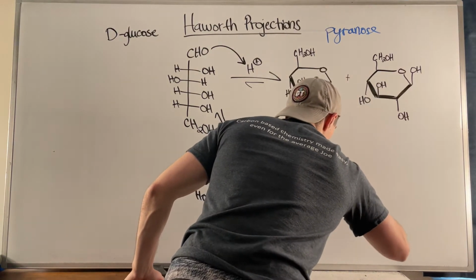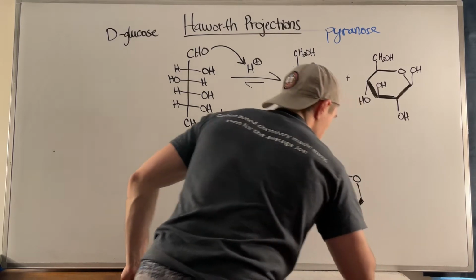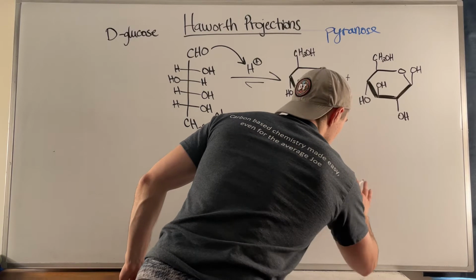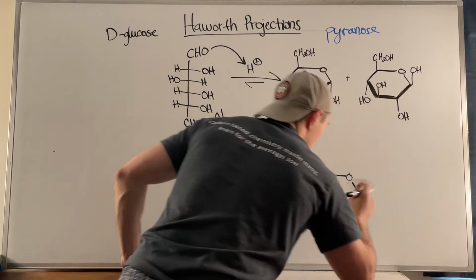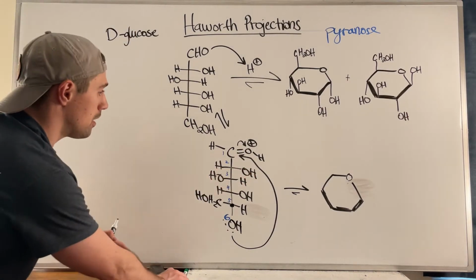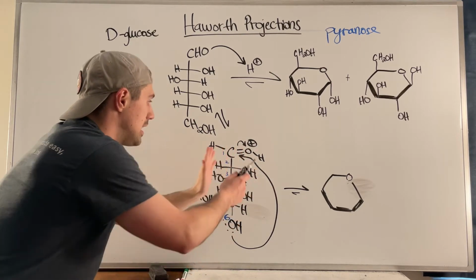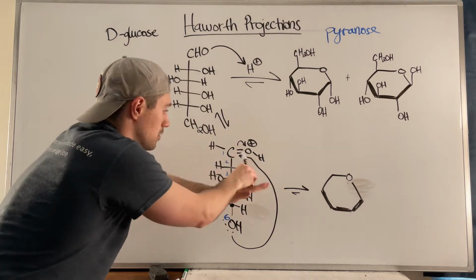If you're forming a 6-membered ring, you're going to have this going on. There we go. Okay, so you're going to have this. Now, I like this approach because when you do this sideways, whatever's on the right goes below the ring, and whatever's on the left goes above the ring.